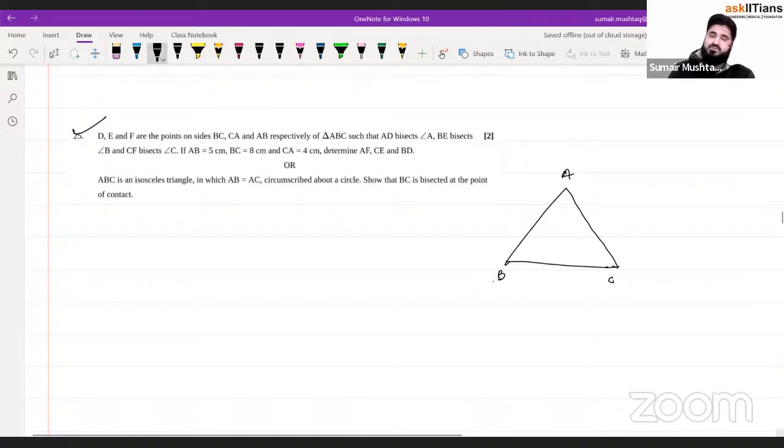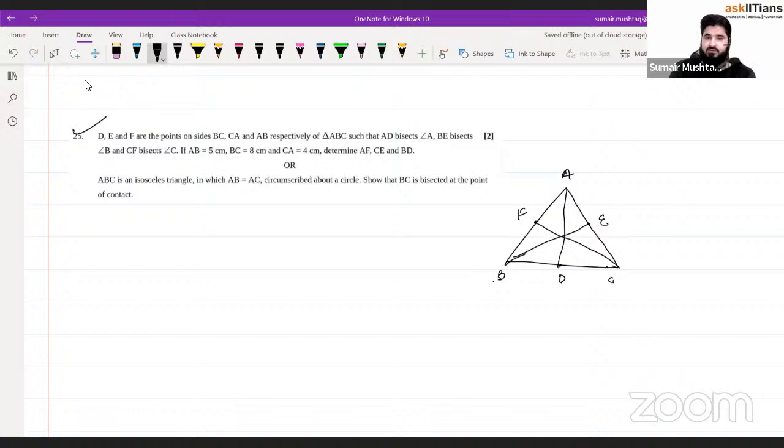The D, E, and F: this is here D, this is here E, and this is here F. These are points on the sides such that AD is bisecting angle A, this is bisecting angle C, and this is bisecting angle B.